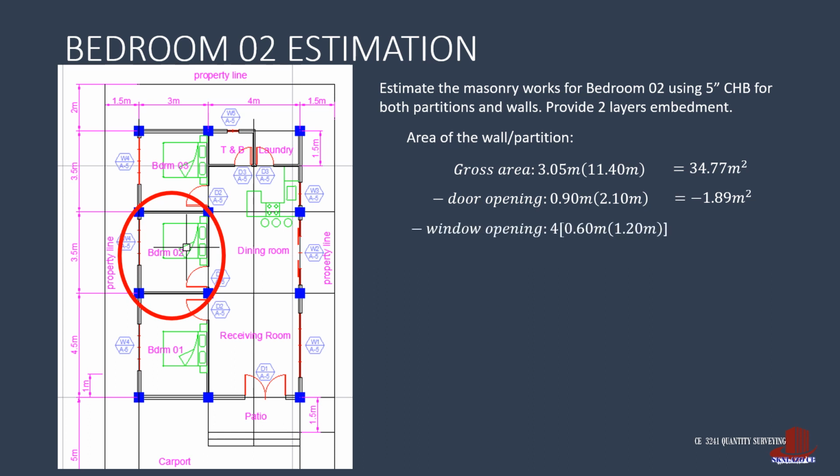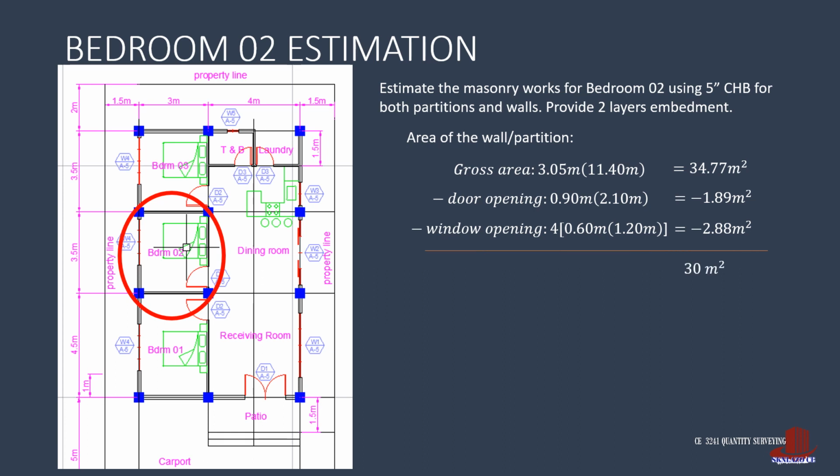Another opening is the window, which was specified as 2 pairs of sliding windows with 0.6 meter width. 2 pairs mean 4 panels of windows. So, have 4 times 0.6 meters width by 1.2 meters height, giving the area of 2.88 square meters.